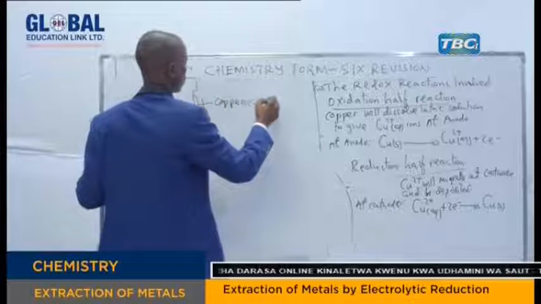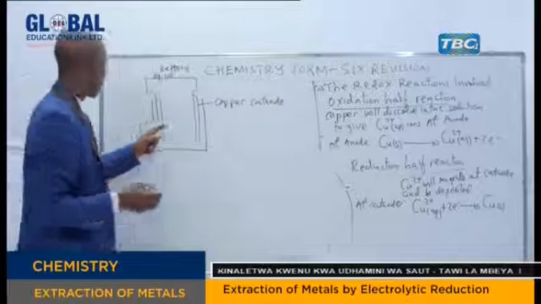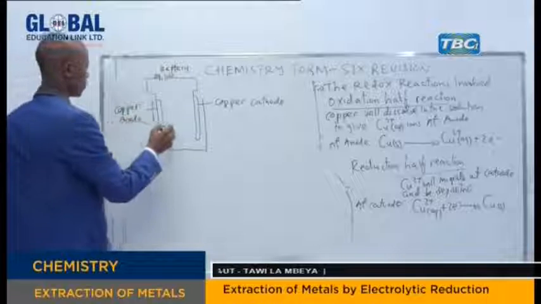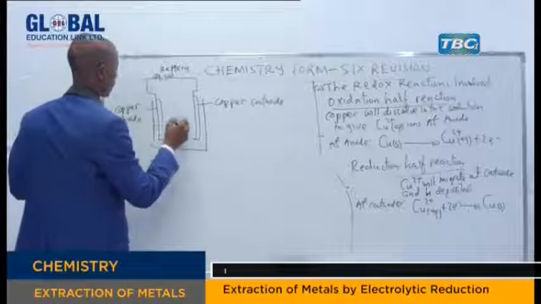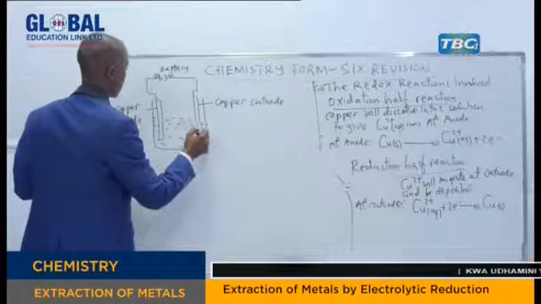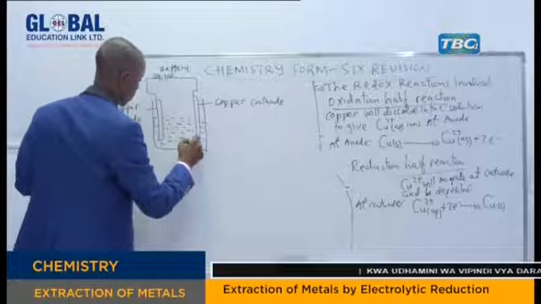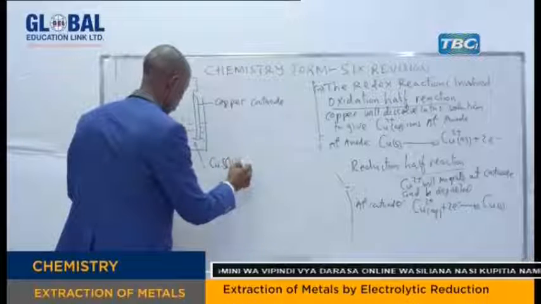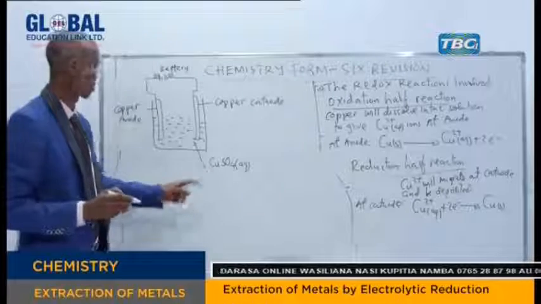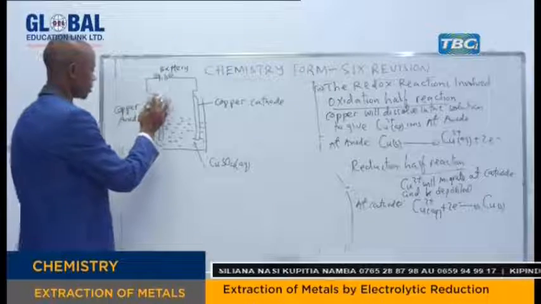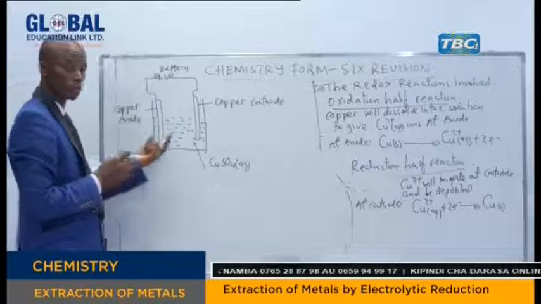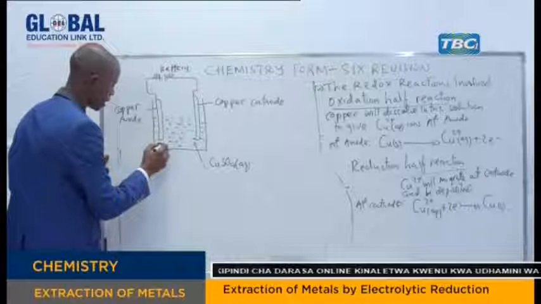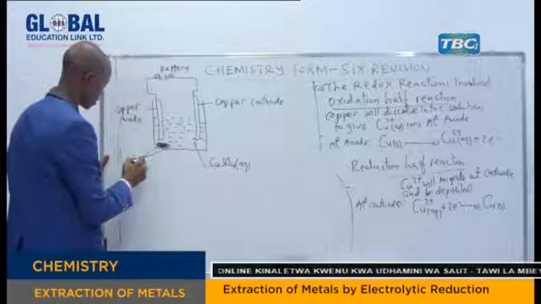This is the copper cathode, and this is the copper anode. This is the solution, which is acidified copper 2 sulfate solution. And this copper anode, because it is impure, that means it will dissolve and the impurities will be dropped down at the bottom this way. So these are impurities.